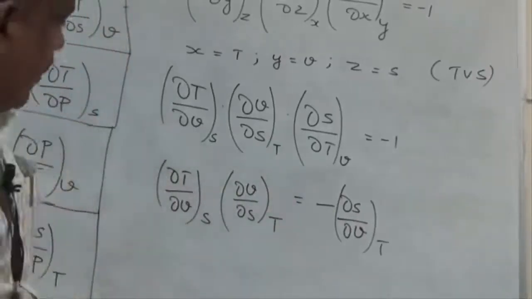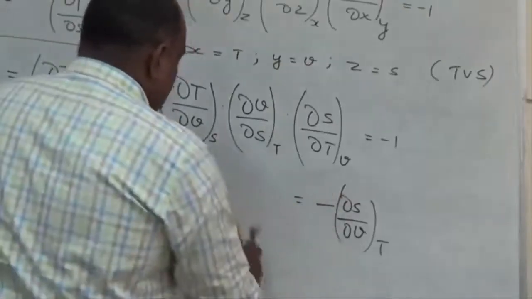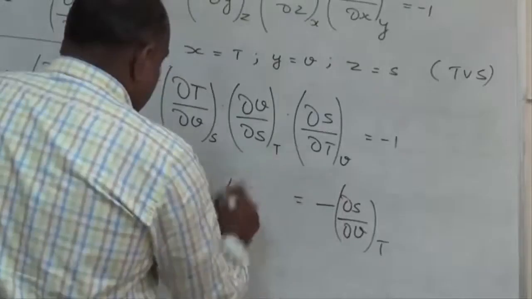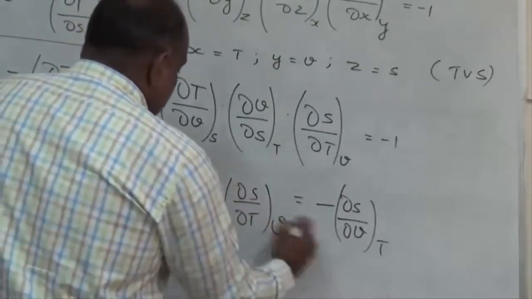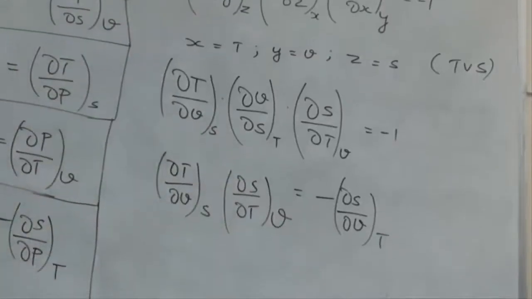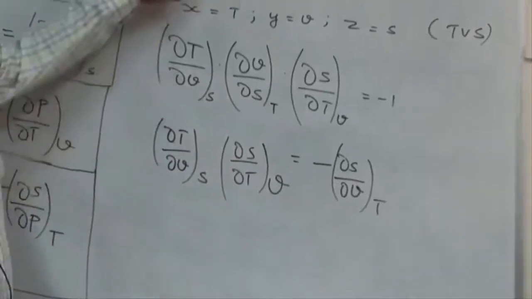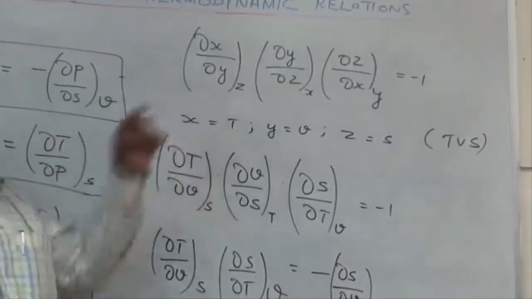Sorry, this term we have already taken to the other side, so the remaining term will be this one only. So it is ∂S/∂T at a constant volume. So the first rule is we are applying the cyclic relationship by using X, Y, Z as T, V and S.